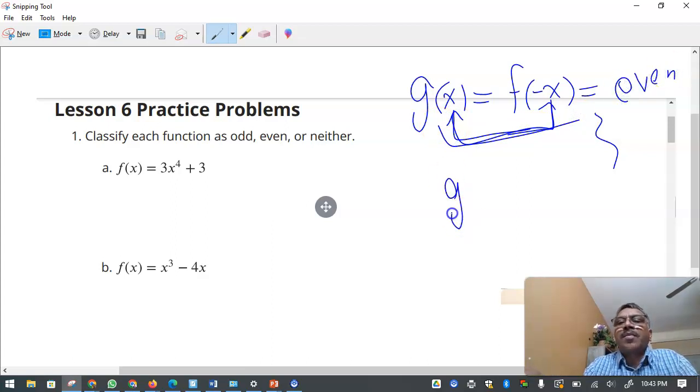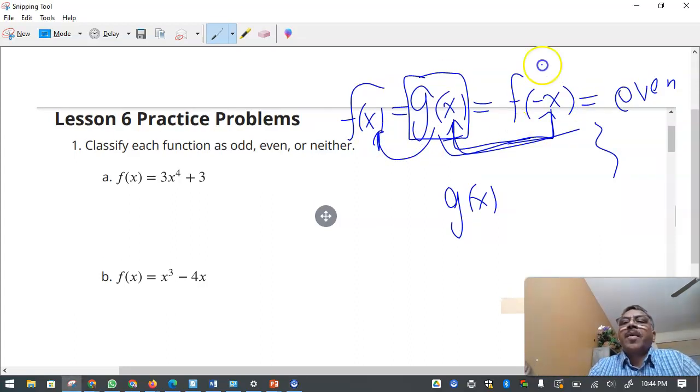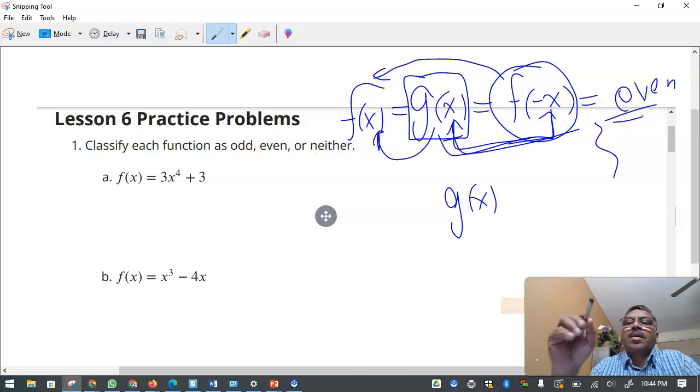If the new function, g of x, gives you back f of x, this is basically a reflection over the y-axis. So if f of minus x coincides with the original function, then it is an even function.